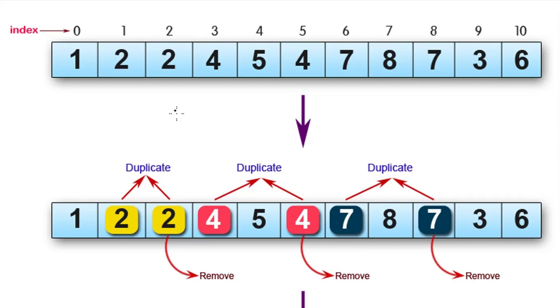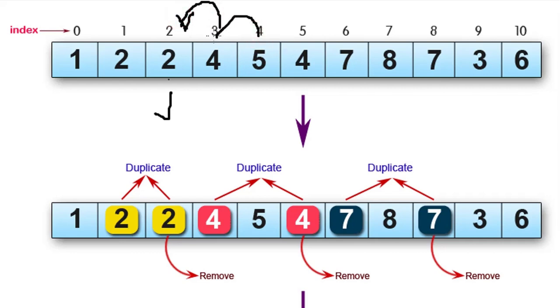This is array j, and this is j plus 1, which is 4. So we have to put the value of array j plus 1 in array j. So this value will be put here.